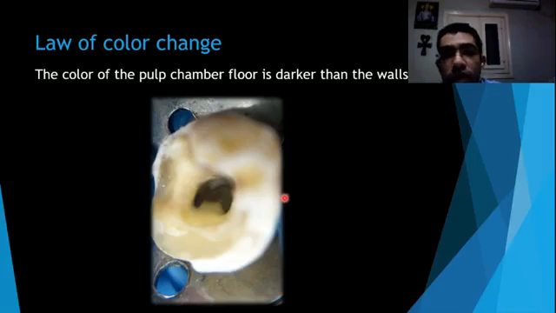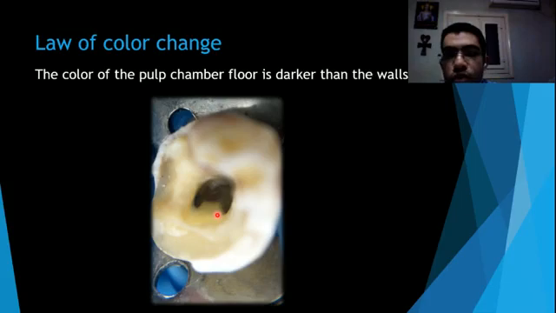The next law is the law of color change. In most cases, the color of the bulb chamber floor is darker than the walls. The bulb chamber floor is a little bit grayish, having a gray color or a dark brown color in some cases, and this is different from the color of the yellow dentin.